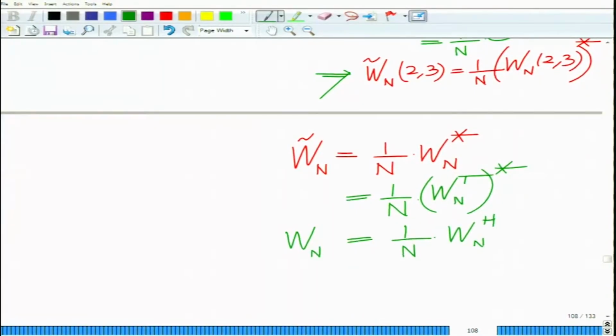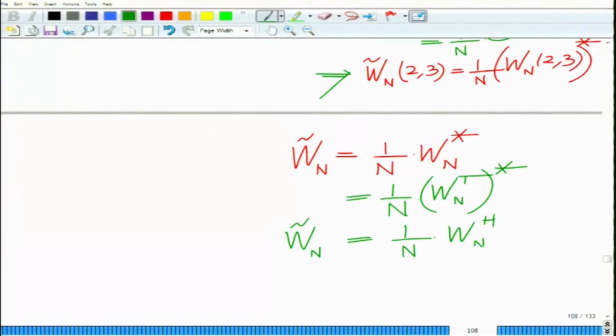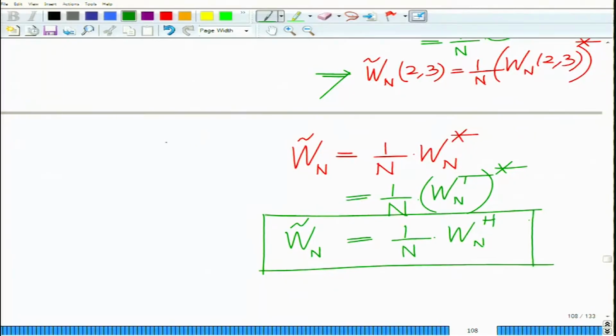Remember, if you take the conjugate of each element and the transpose, rows become columns, columns become rows, that becomes the Hermitian. So, what you have is Wn tilde is 1 over n times Wn Hermitian. You can collectively call this property 3.